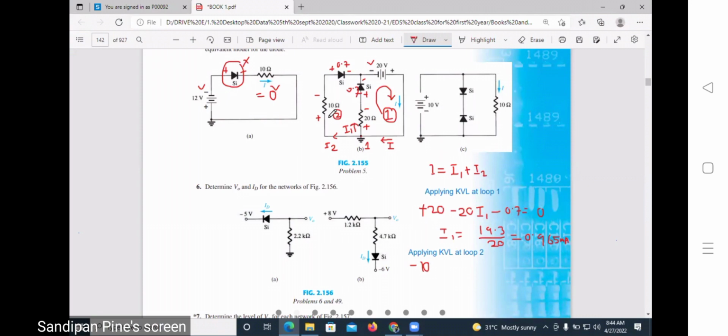Voltage equals I into R. So R is 10, I is I2, so minus 10 I2. Plus 2 minus 0.7. Then minus 2 plus 0.7.